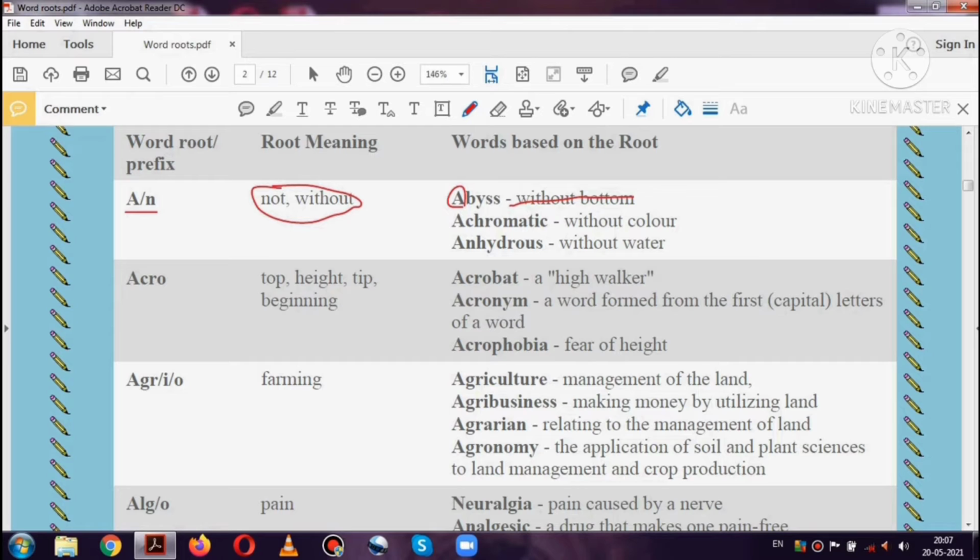This word starts with A, which means without, and chromatic in science means color. So achromatic means without color. The next word is anhydrous. Again, this N means without or not, and hydrous in chemistry means water. So anhydrous means without water.